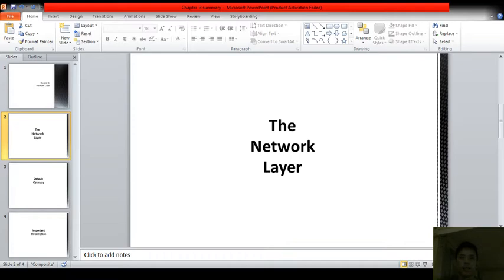Next is routing. The network layer provides services to direct packets to a destination host on another network. To travel to another network, the packet must be processed by a router.